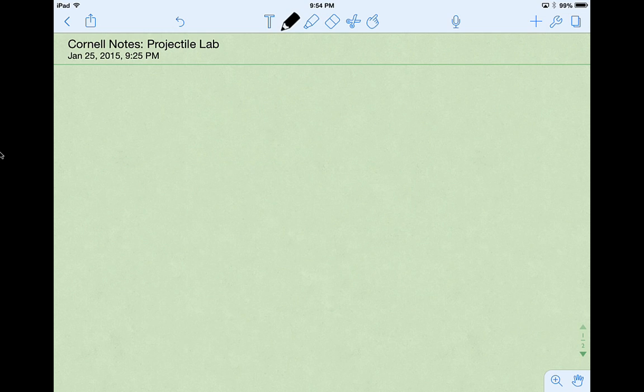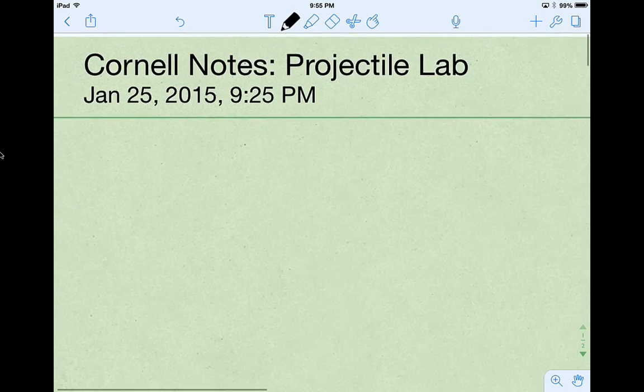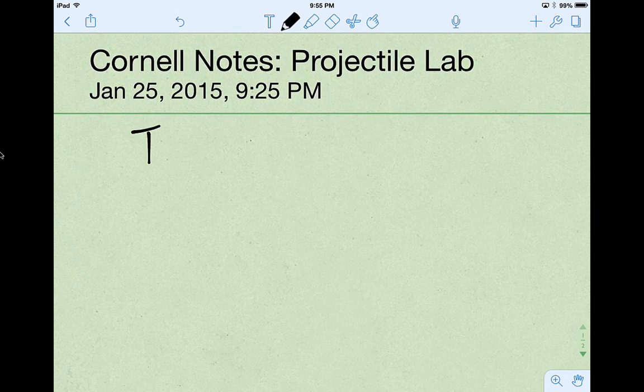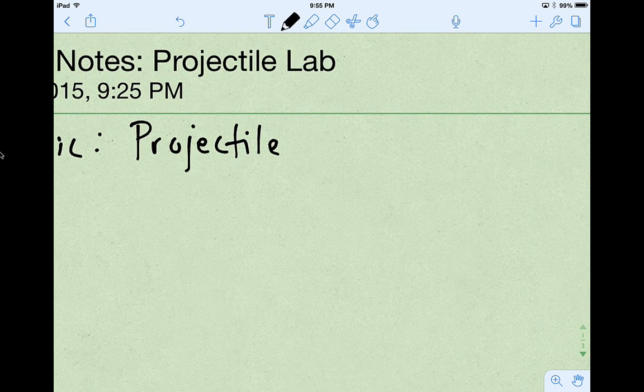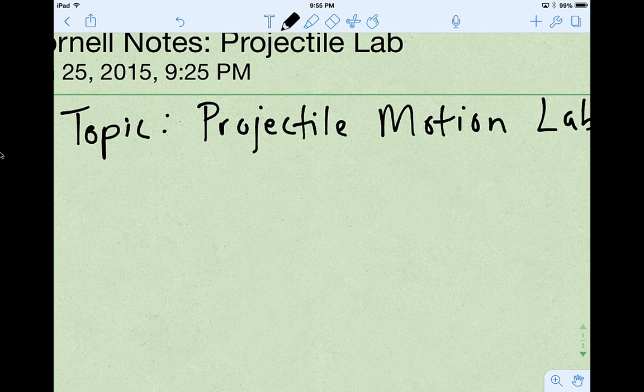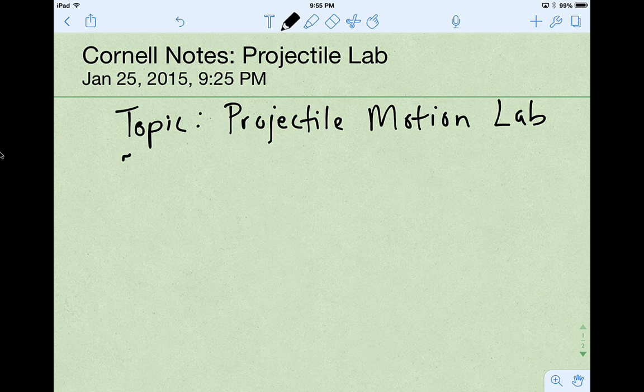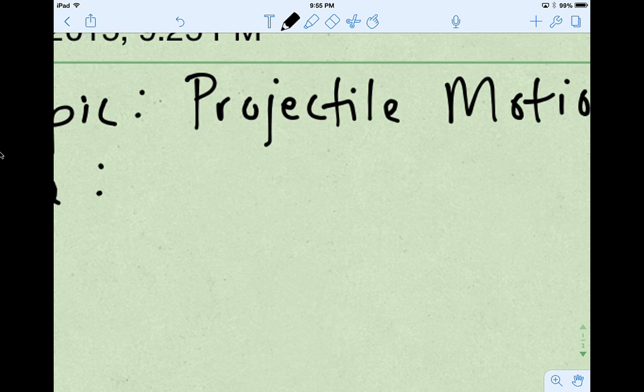So Cornell notes, we always need a topic. Okay, so I'll go ahead and let's zoom in, and I'll write our topic. Okay, so the topic today is going to be projectile motion lab. All right, and then essential question.